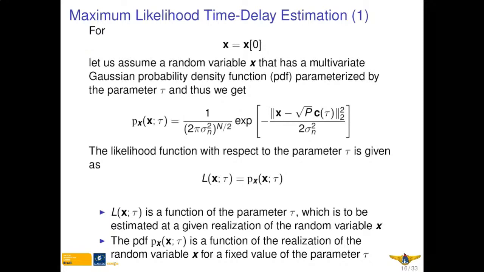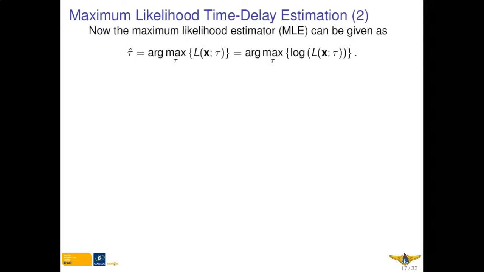We will now consider the likelihood function, and we are using it to find an estimate for tau, which is called a maximum likelihood estimator. So we take the likelihood, and we receive a realization of our random variable x, so our signal x at one period. And we are trying to find a time delay that maximizes the likelihood with respect to this received signal x. This is the maximization of this argument.